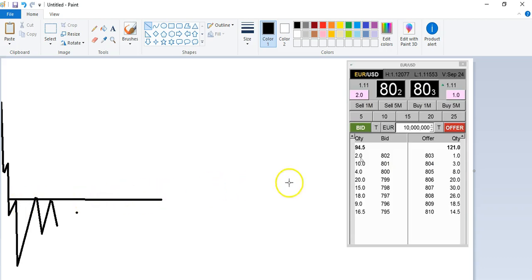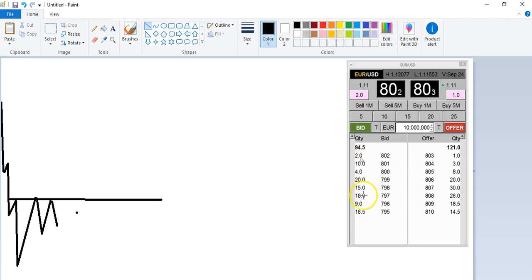If he comes to the order book, to the live market, to sell 80 euros, he's going to get two filled at the current price. He's going to sell 10 euros at the next price, 4 euros at the next, then 20.